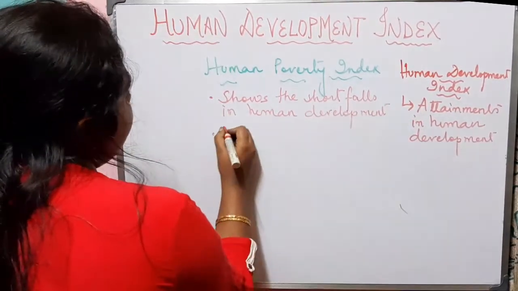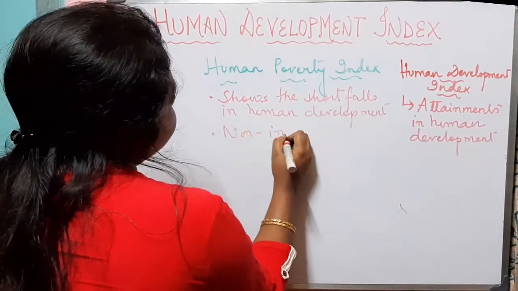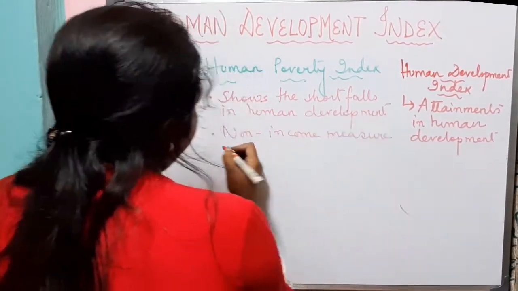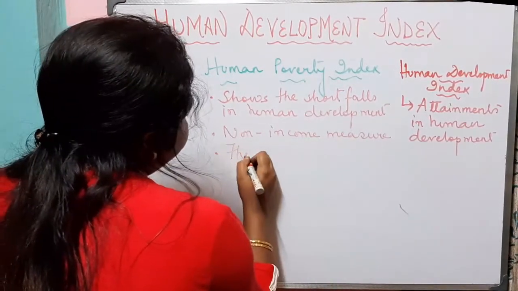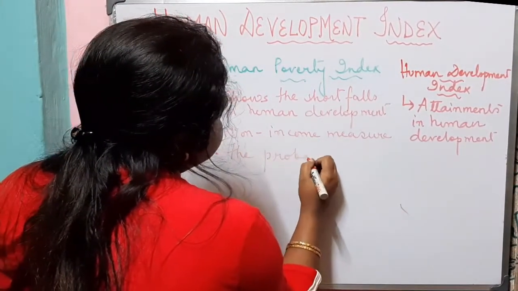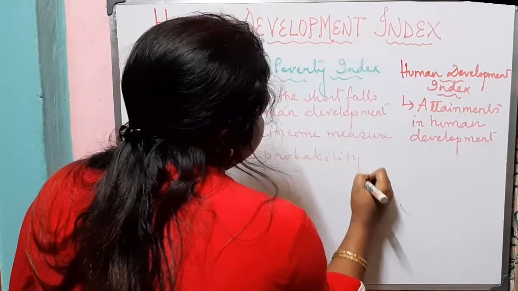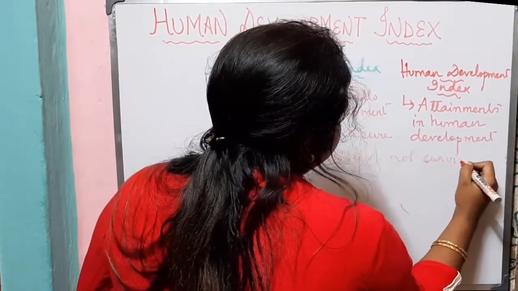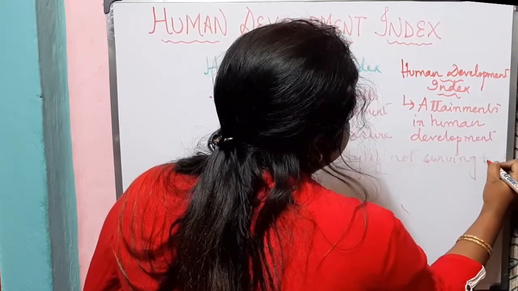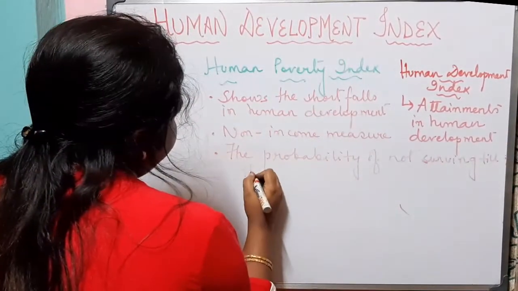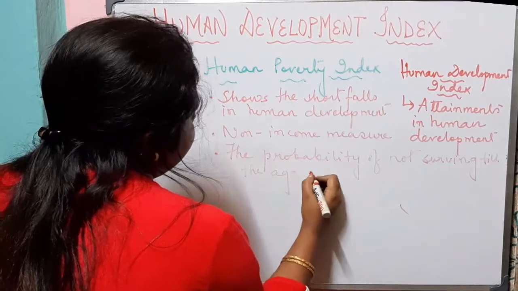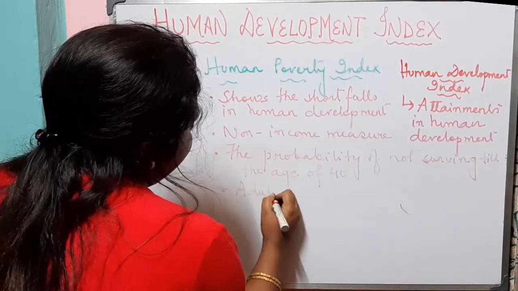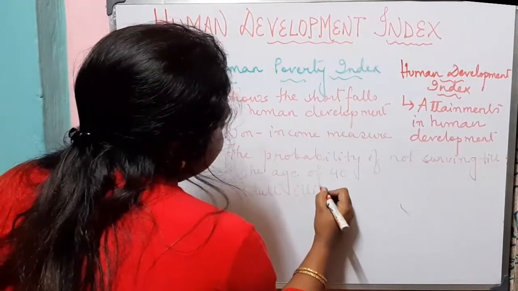This is a non-income measure where we look for the probability of not surviving till the age of 40, and adult illiteracy.